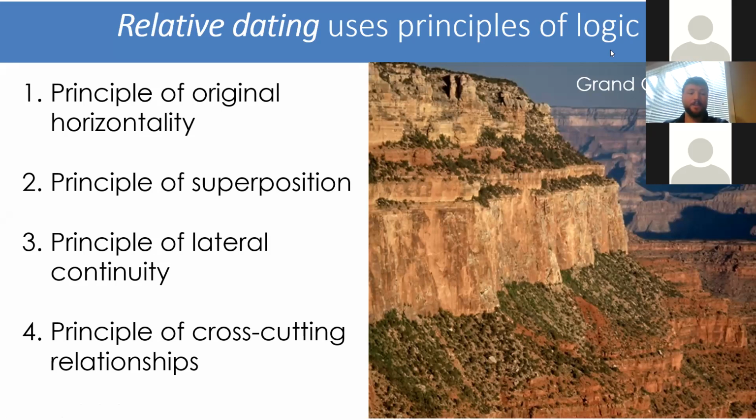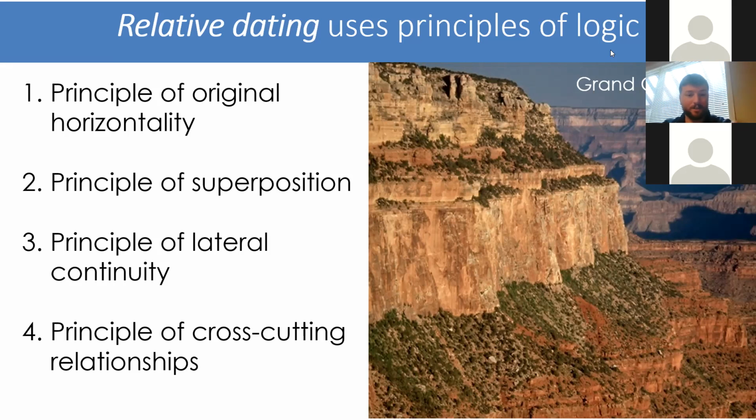Principle of lateral continuity, which is just everything is deposited along these long flat lines until there's no more sediment or anything to deposit. And the principle of cross-cutting relationships, which is just the idea that if anything invades that layer, like a fault or a lava flow, that means that that thing that cross-cut it has to be younger than what was previously there.